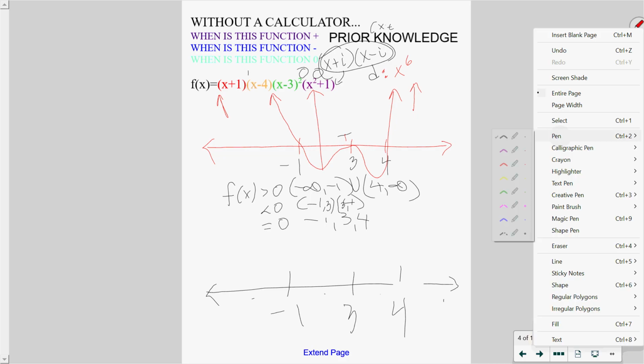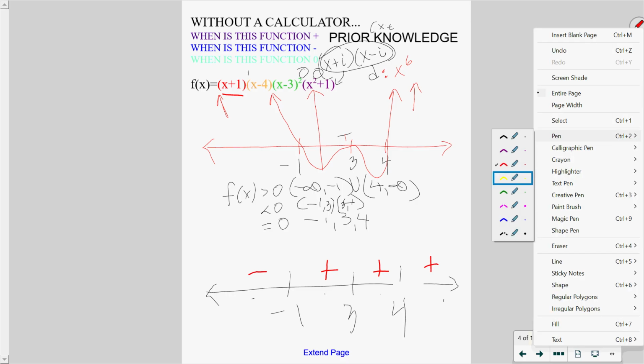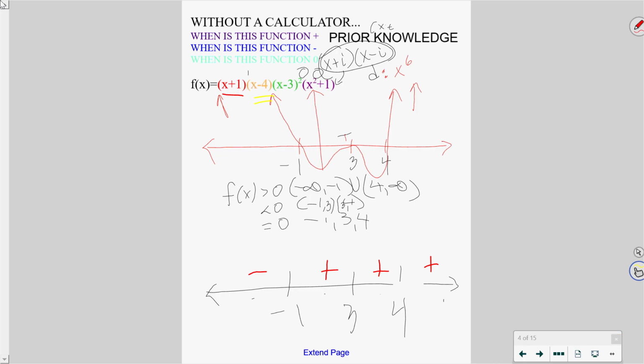But remember, we can do that very easily with a sign graph. So if I do a sign graph for x plus 1, positives to the right of -1, negatives to the left. If I do a sign graph for x minus 4, positives to the right, negatives to the left.